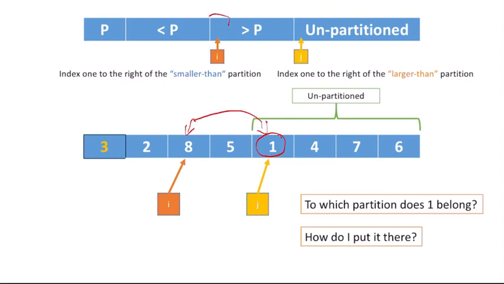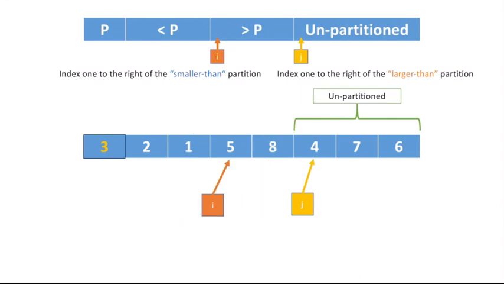So this is why i is always 1 to the right of the smaller than partition, because the item that's there is more than likely the leftmost element in the greater than partition. So it's the place where we need to wedge in the next smaller value and then increase the size of the smaller than or less than partition. So I'm always going to do a swap when I see something that goes in the smaller than partition. And then I'll increment both i and j. And then for these final 3 values, all I have to do is increment j.